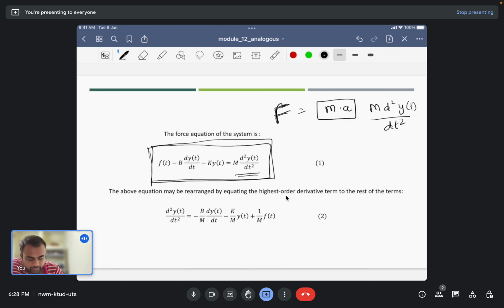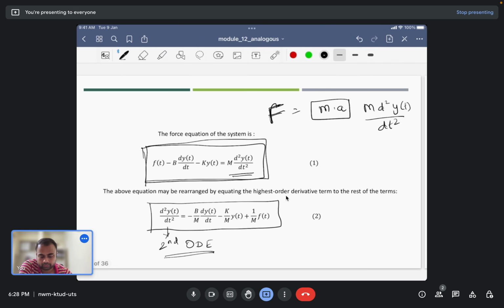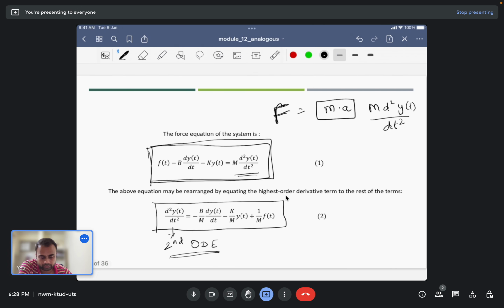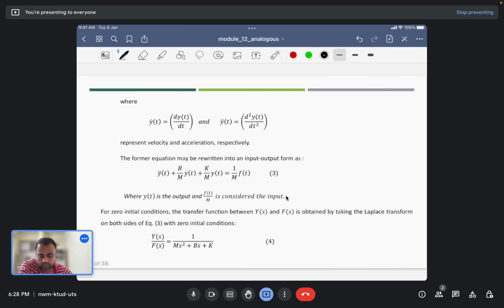So let us rearrange the equation. We'll get a second order ordinary differential equation. So this is the equation for the motion of an object under spring and viscous forces. Here again we will use the notation y dot of t for dy by dt and y double dot of t for the second order derivative.